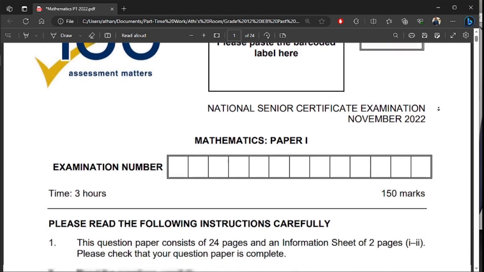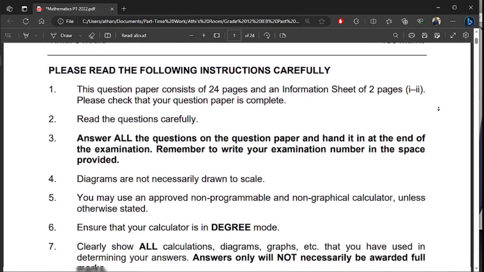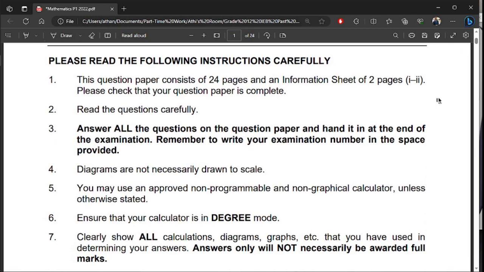I'm just going to go straight to the instructions to see if there are any that are very useful. All of them are useful, by the way, but so that we don't miss anything when we answer, it is very safe to read the instructions so that we do not lose marks carelessly.